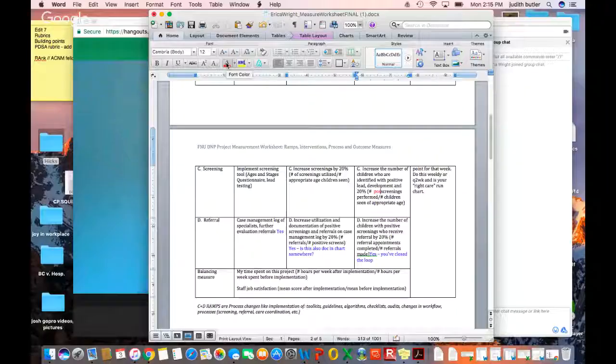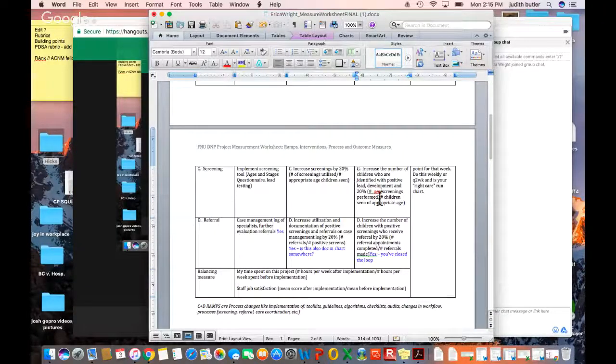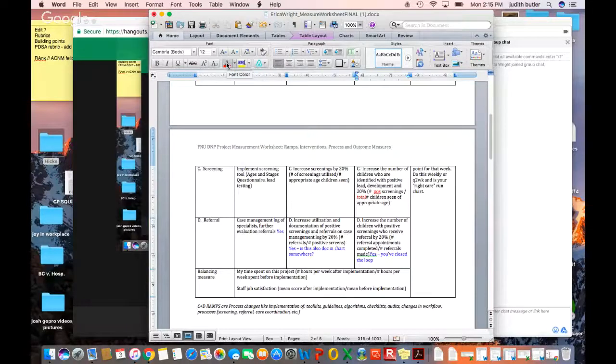Positive screenings, not performed, but that you get over, again, the total number of children seen of the appropriate age. So if you had 10 kids come in and 2 of them screened positive, what would your number be? 20%. Right. And then, yeah, so that's good.